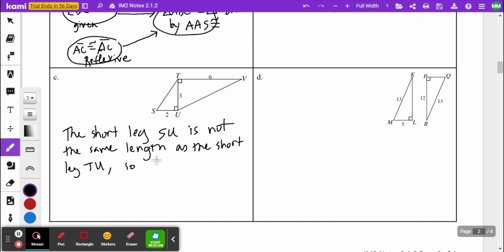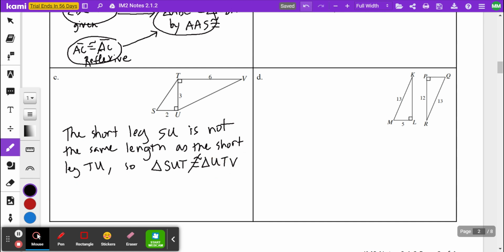So triangle SUT cannot be congruent to triangle UT, I should say, because I can still put them in sequence, UTV.